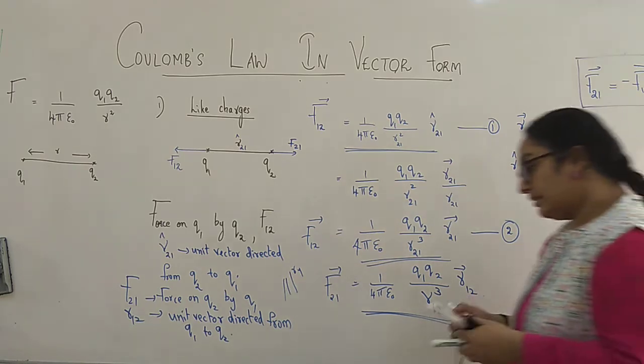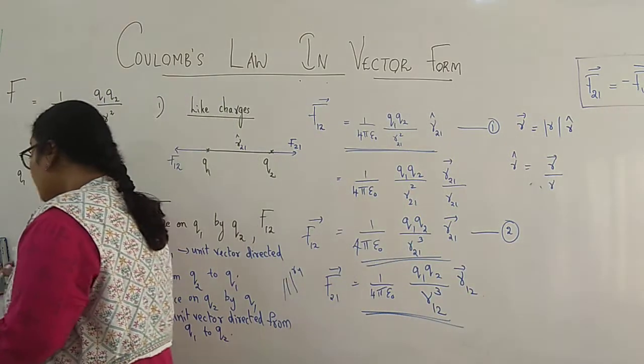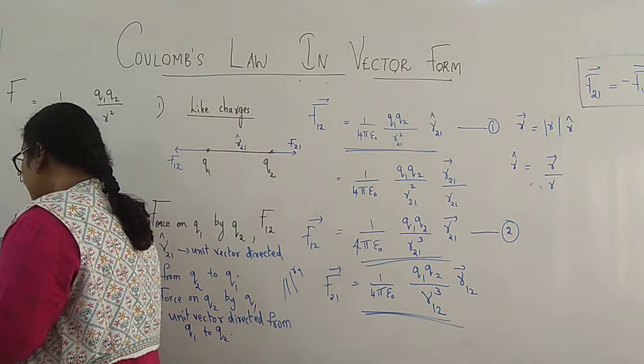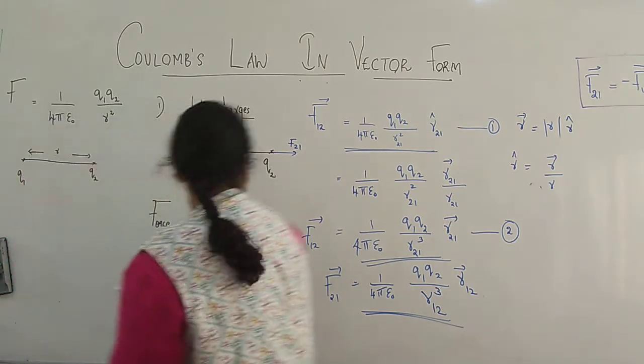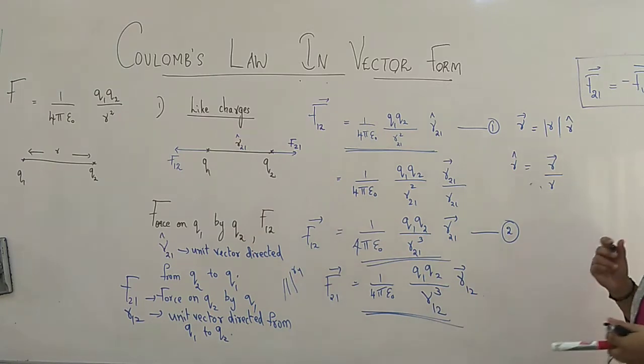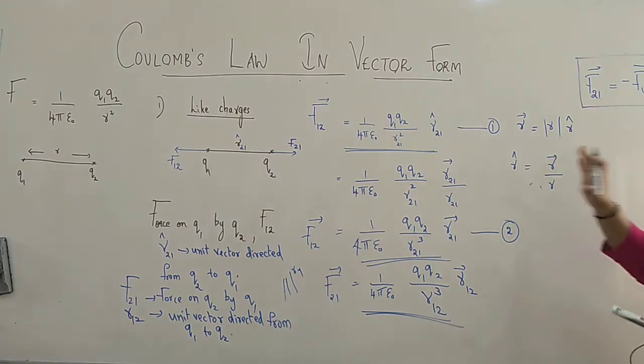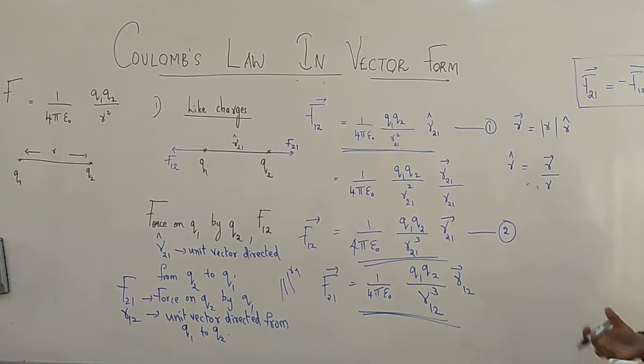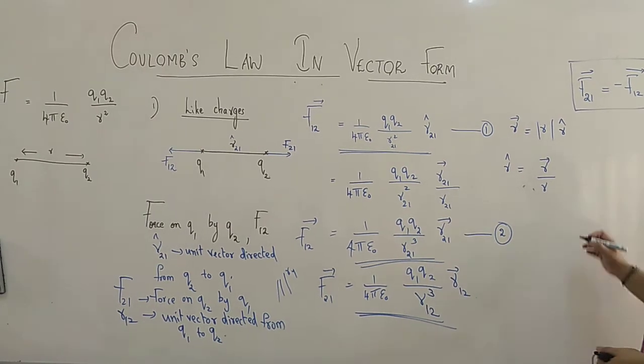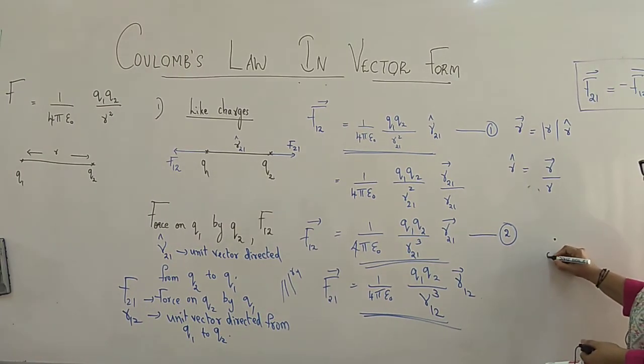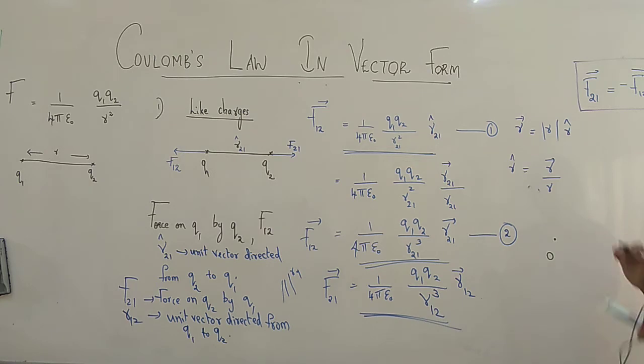There's one more thing, one more diagram we will draw to understand it in a better way. So let us draw the position vectors, to understand R12 and R21. So we have the origin here. From the origin, I am going to represent Q1 here. This is my first charge Q1.